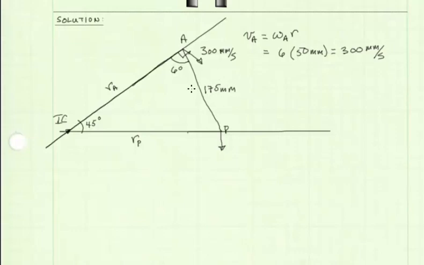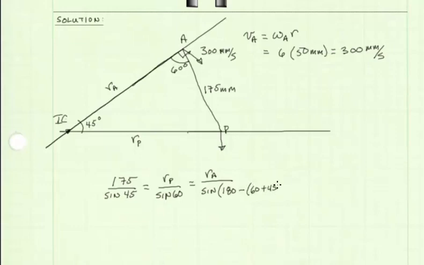Since we know that this length is 175 millimeters and this angle is 45, we can say that 175 is to the sine of 45, as RP is to the sine of 60, is equal to RA over the sine of 180 minus (60 plus 45), which is the sum of all the angles in the triangle.